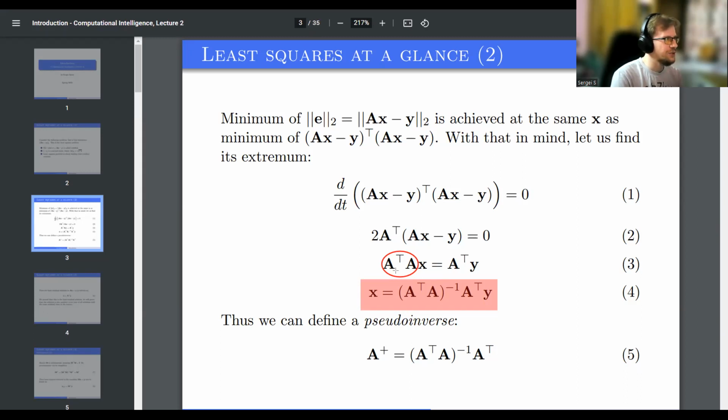By the way, can you tell me if this would work for tall matrices or for wide matrices? Someone tell me. Would this in general be invertible, this guy, for tall matrices or for wide matrices? Just make a guess if this sounds too difficult to compute in your head.